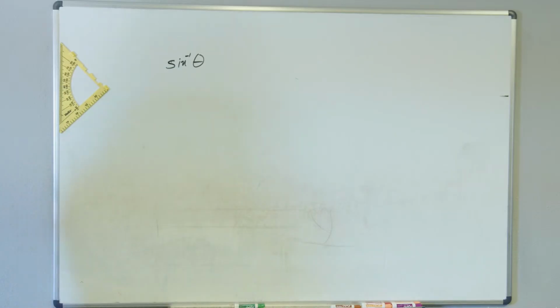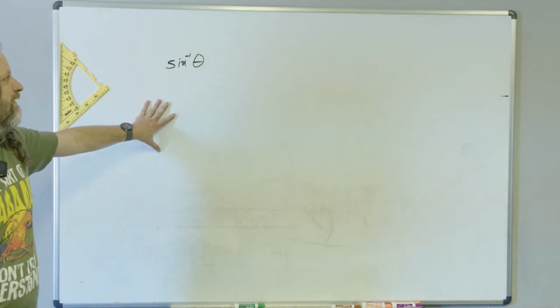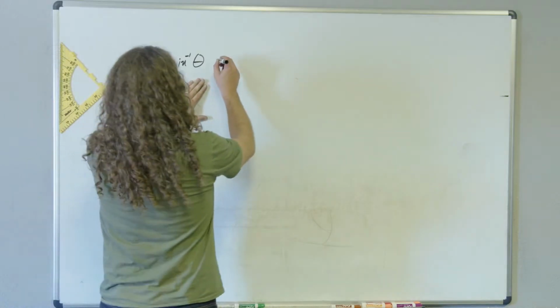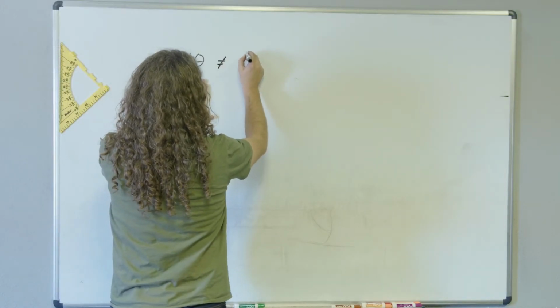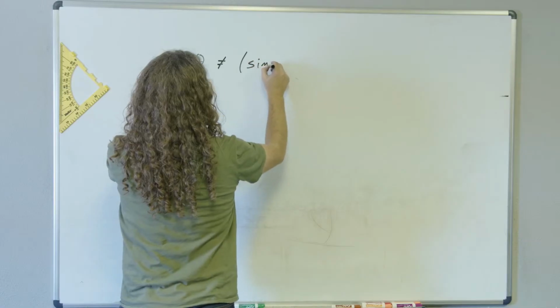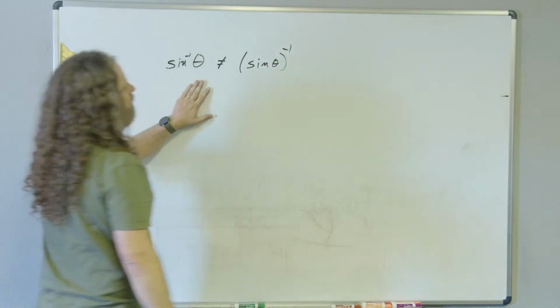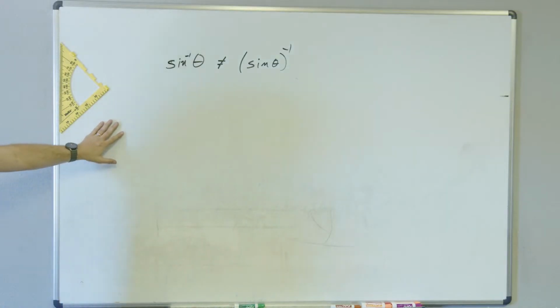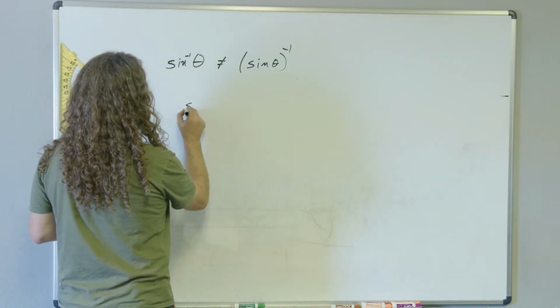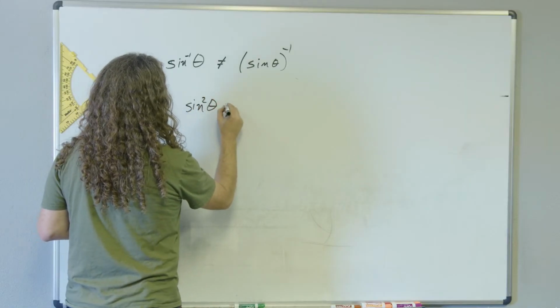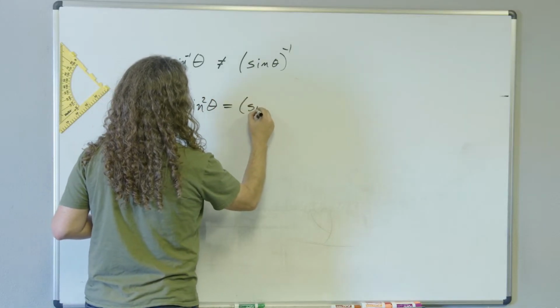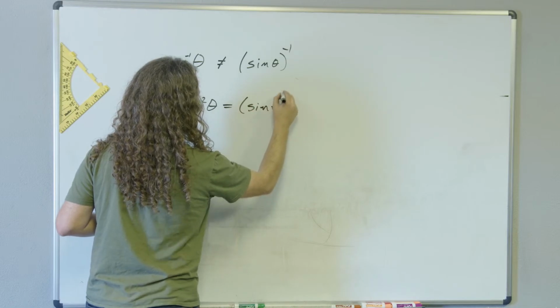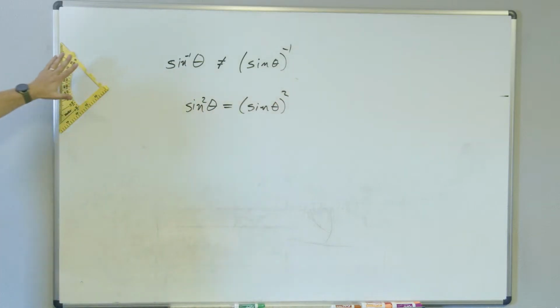I don't like this notation because this does not mean this. That's not what this means. However, this does mean this. So I don't like this notation, but it is the normal notation now. You just need to know by context that they don't mean the same thing.